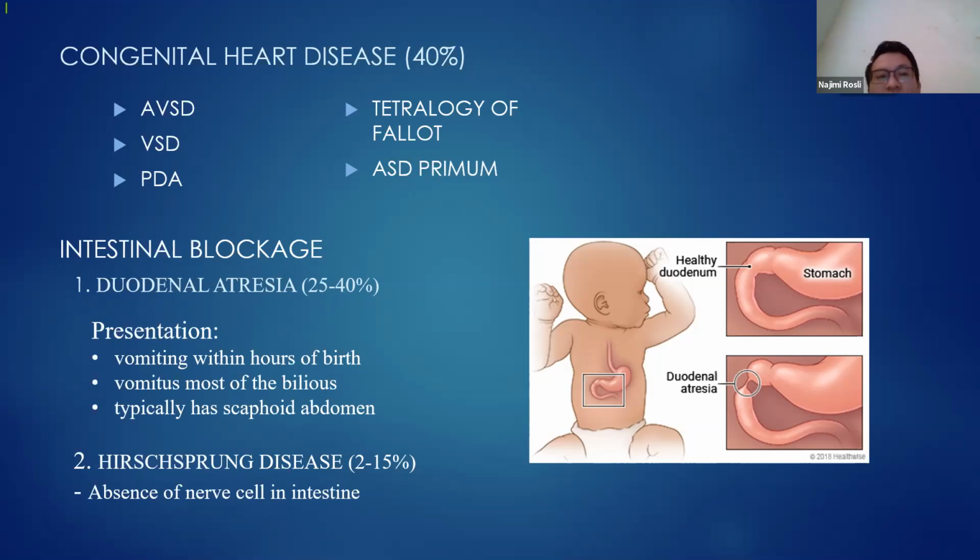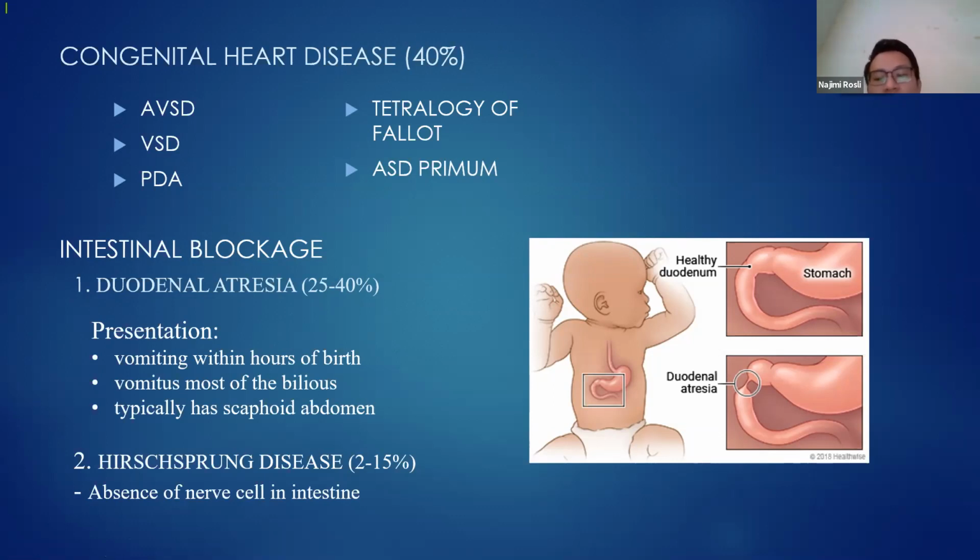Next is the gastrointestinal system. They have problems with their GIT, like presence of duodenal atresia or stenosis, as you can see, and others like annular pancreas, tracheoesophageal fistula, and Hirschsprung disease.